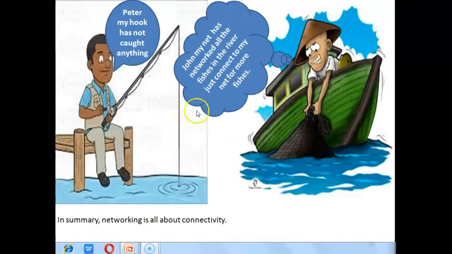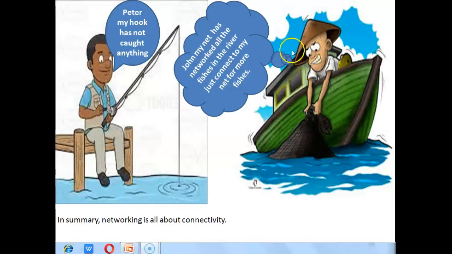Wow, what a game! Let us have some fun or some humor. This is John calling out to Peter. Peter, my hook has not caught anything. Because he's using a hook and a line, it has been difficult for him to network the fishes in the river.